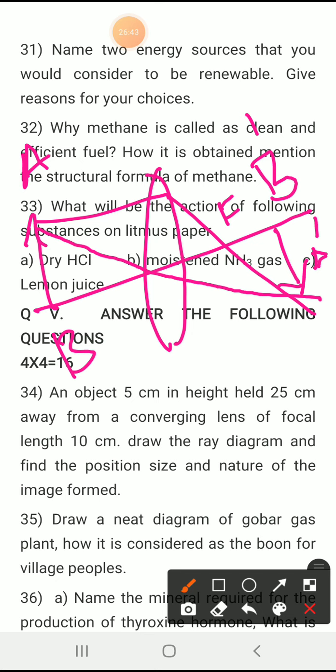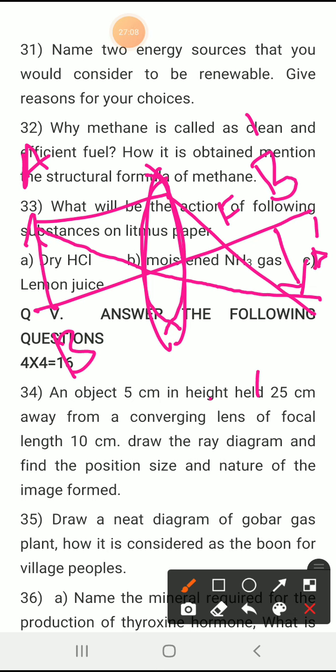So here, you can say this is the principal focus F. Okay, so draw this neatly in your notes. So this is the ray diagram of the position, size and nature of the image which is formed, right?